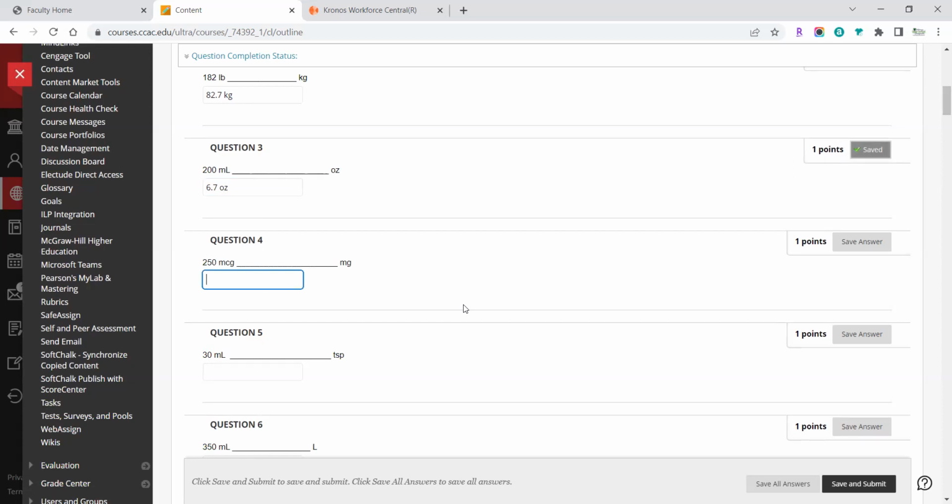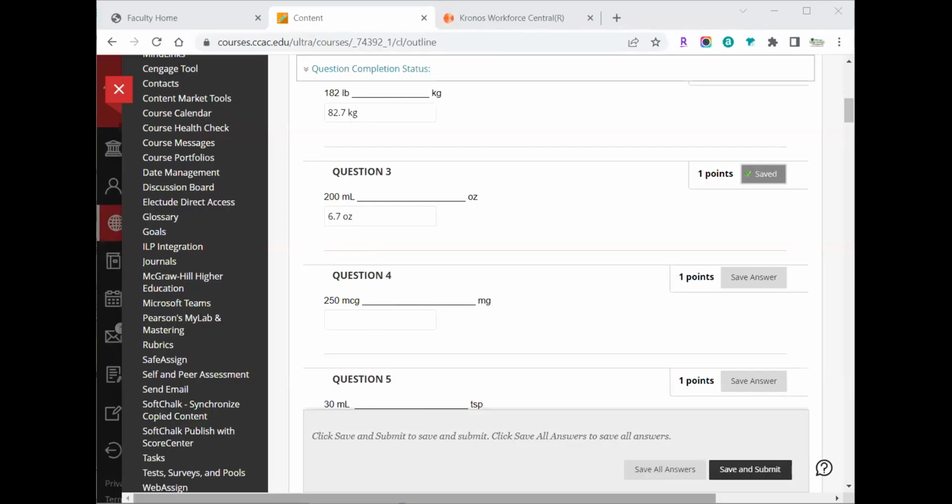Micrograms to milligrams. When we go from micrograms to milligrams, we're going to move our decimal point over to the left. I'm going to minimize this so I can, there we go. It doesn't look minimized to you, but it is to me. I'm going to see if I can pull up my annotation here.